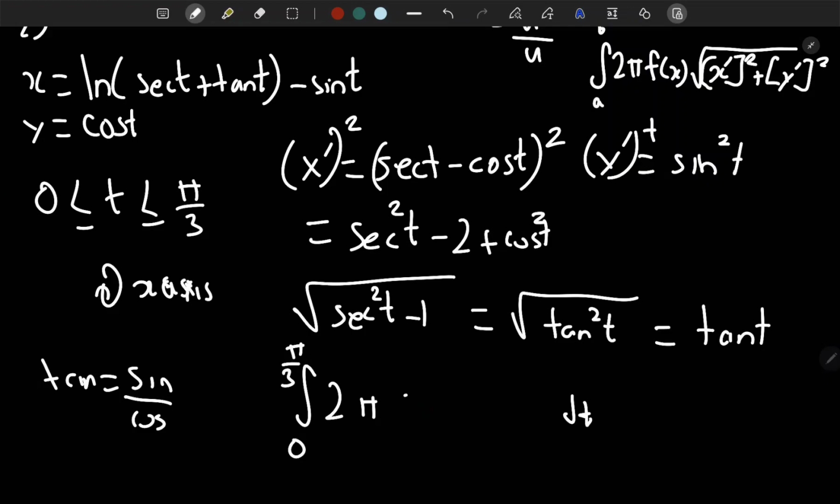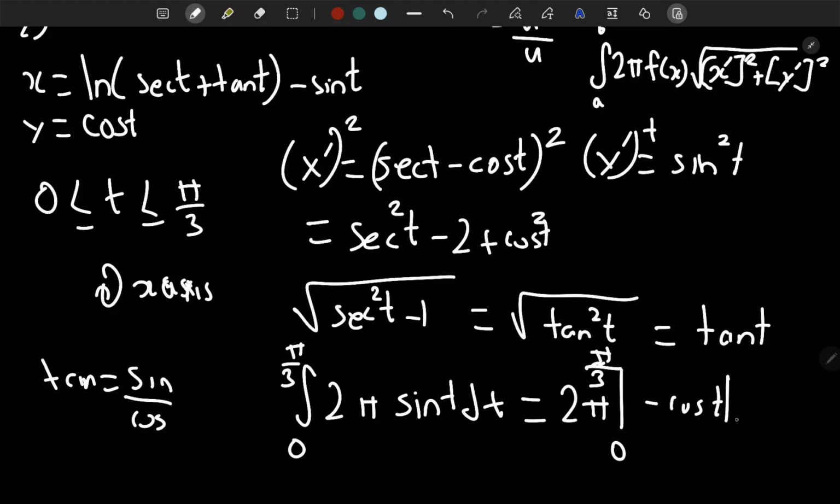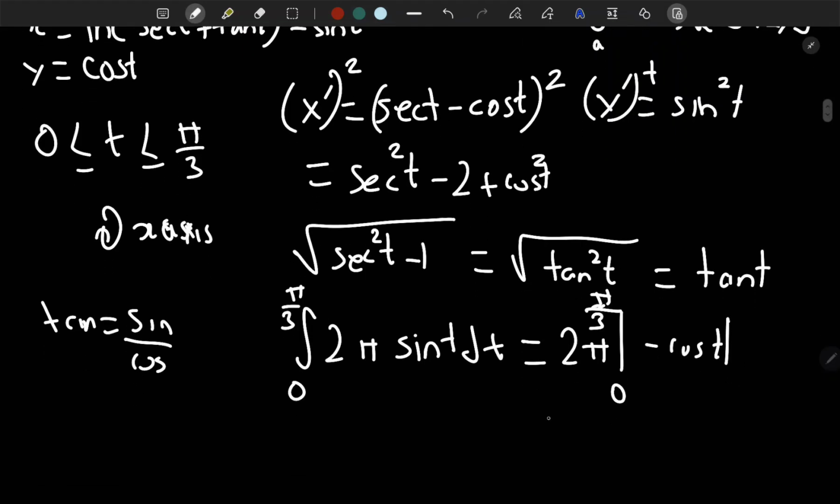So again, we are left here with only sine t dt. So now this is pretty straightforward. Just integrate this. I'm going to take 2 pi outside, limits from 0 to pi over 3, and this is going to be negative cosine t, and the final answer that you would get is pi.